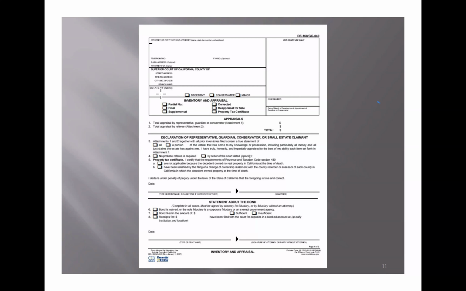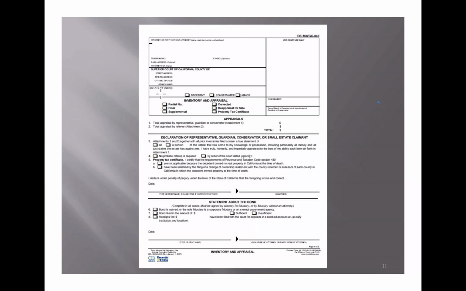Then everybody who's inheriting has to sign this. If there's just 2 people inheriting, then you can squeeze them in, right? But any more, and you'll have to prepare a signature attachment page. And I would repeat this line, I declare under penalty of perjury, etc., and then have a space for the date, and then a line for their printed name, and then a line for the signature.